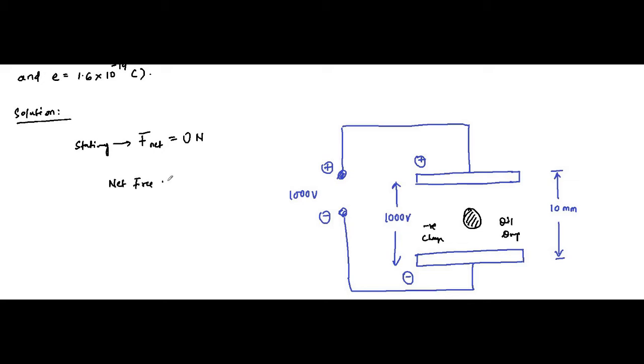So the two forces acting on it will be, first, the force due to the electric field, and it will be in the upward direction. Because it is negatively charged, it will try to move upwards towards the positive plate. So that value will be the total charge that is contained in the drop.